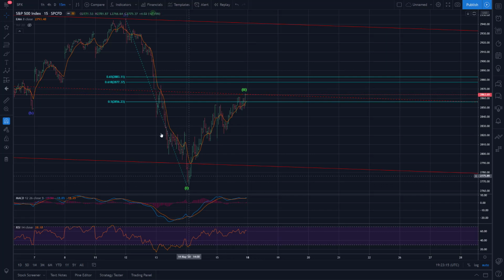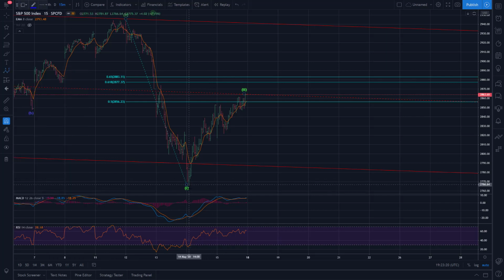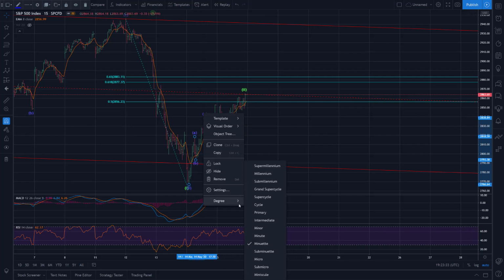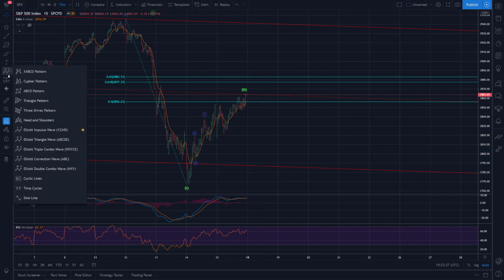And if I just do a little labeling here, I would suspect maybe we got an A, B, C up, and let me just adjust the degree, of course, here. Let's see where we're at here with our degree. Okay, I think we'll do a little ABC up there.